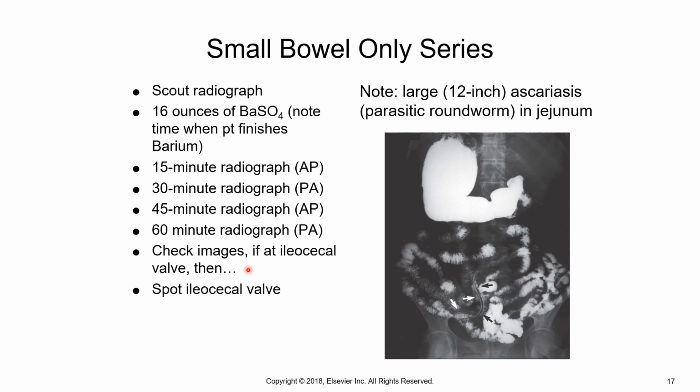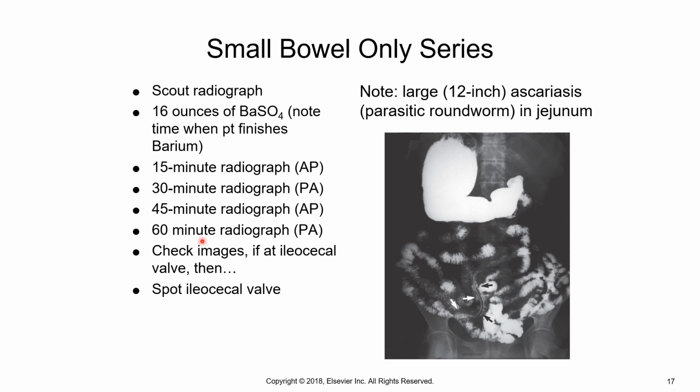And in this particular image, they do show you a 12-inch parasitic roundworm in the jejunum, which is right here. It's kind of disgusting to think about that, but that's what that image shows. And let's see if I can find that in here. That is figure 13.57 on page 526.